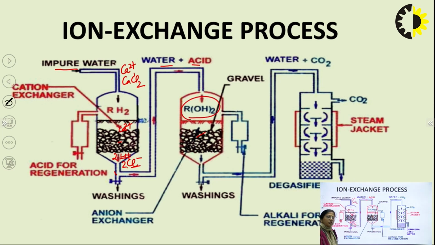In the anion exchanger, R+OH-, the anions get exchanged for OH-. The 2Cl- which moved out from the cation exchanger now get fixed into the anion exchanger, and for every Cl- fixed, an equivalent amount of OH- passes out from the anion exchanger.